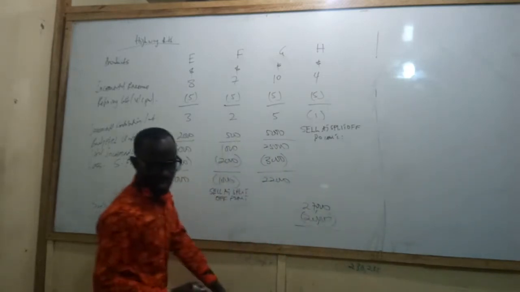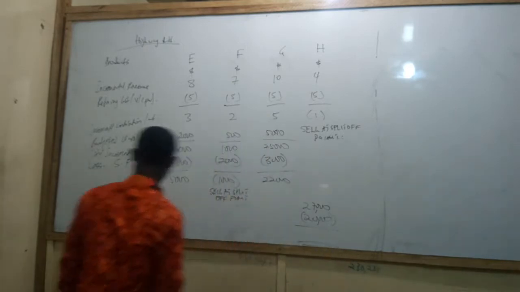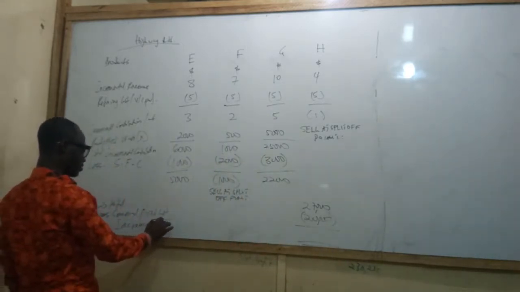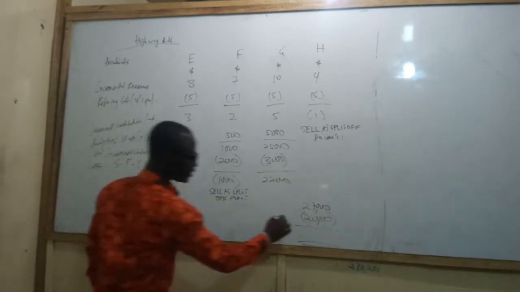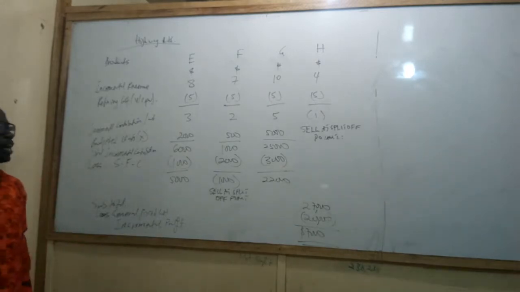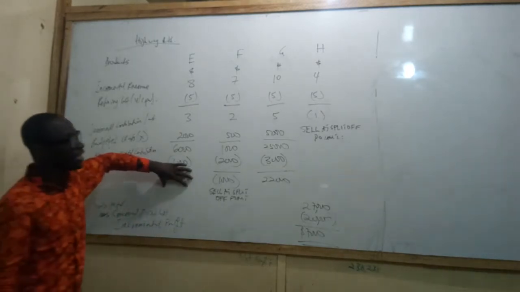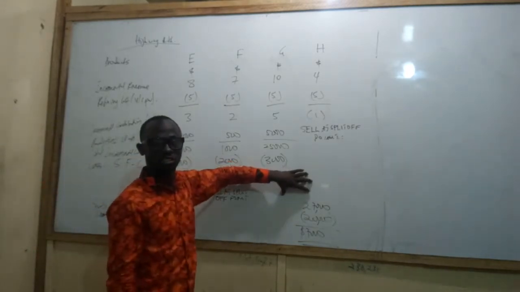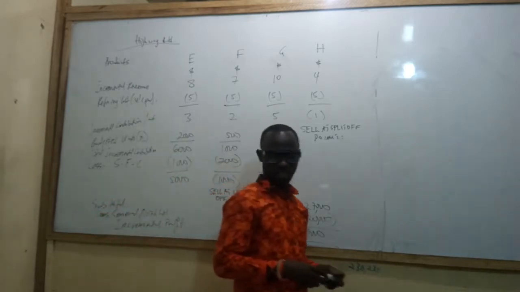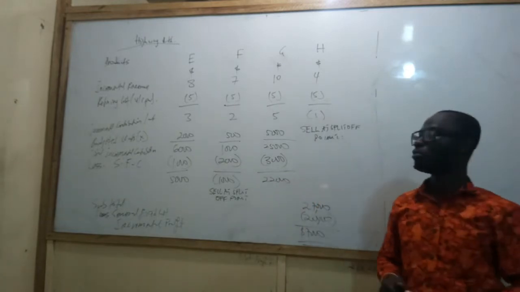Then we will now get the incremental profit of how much? 7,000. So at the end of the day, which products are we further processing? E and G. That is what you have to understand about further processing.